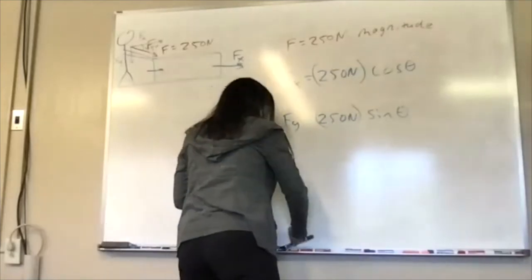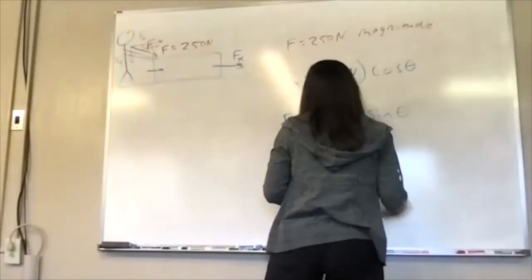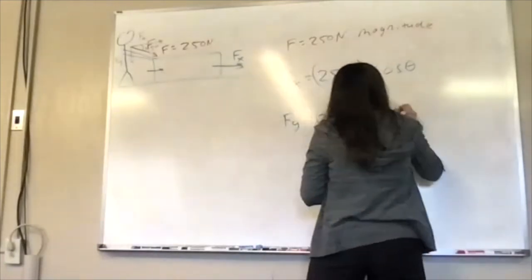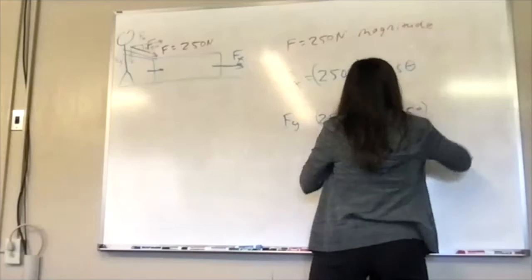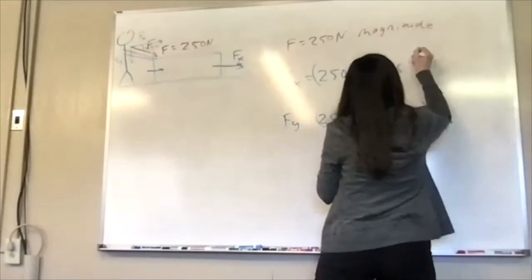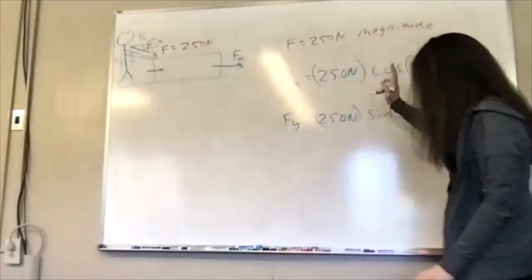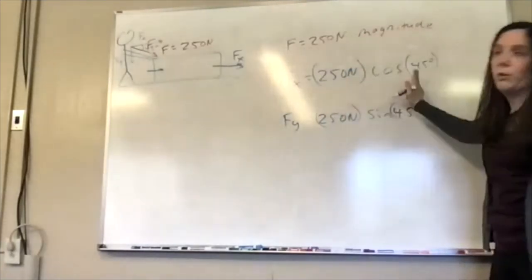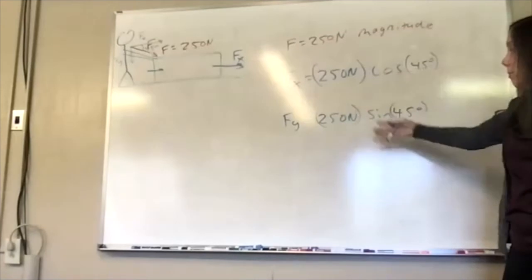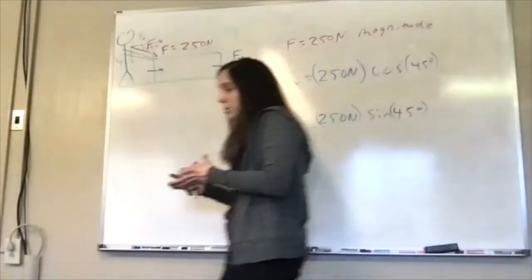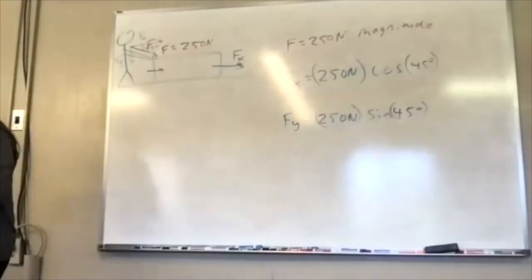So in this case, we're told he's using a 45-degree angle, so we can add in 45 degrees to these. We just multiply the magnitude times cosine of 45 and sine of 45 to get the amount of force in those dimensions.